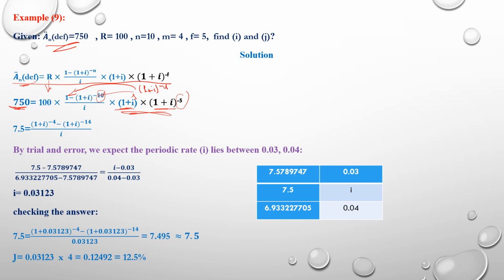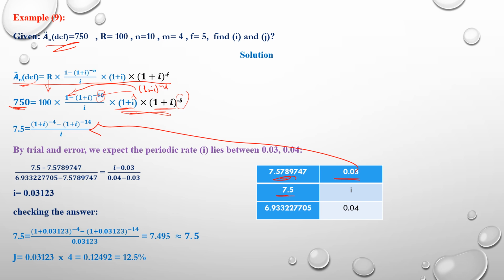By using the trial and error method, we expect the periodic rate i lies between 3 and 4%. So by assuming i, the periodic rate, equals 3%, by substituting with i in this formula, we get the value of this quantity, which equals 7.57, and this is greater than 7.5.